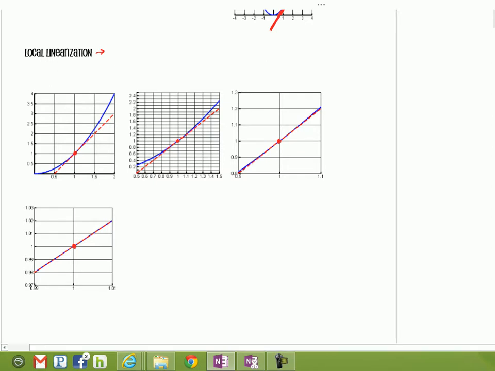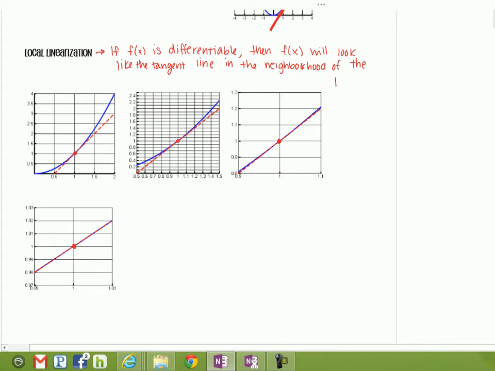And this is because if f of x is differentiable, then f of x will look like the tangent line in the neighborhood of the point of tangency.